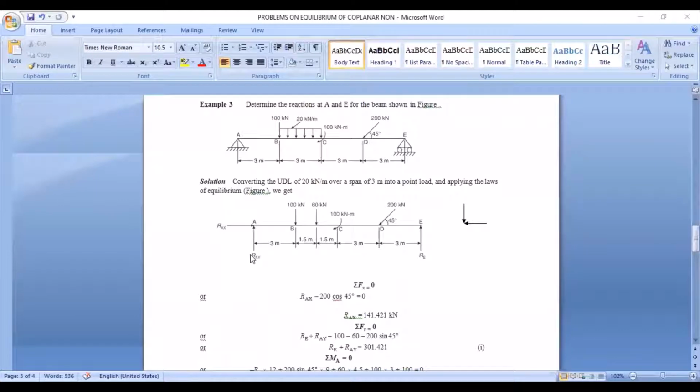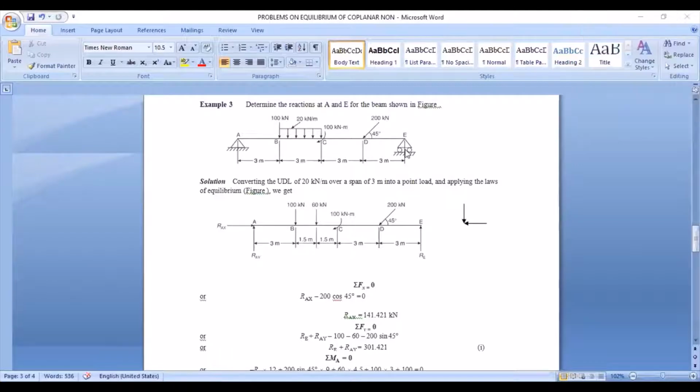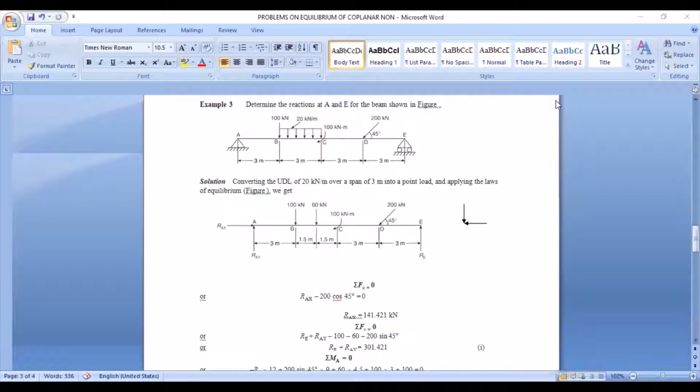RAY means reaction at A in the vertical direction, and similarly RAX means reaction at A in the horizontal direction, and that is why we name them RAX and RAY. Now at E we have a roller support, which has only one reaction, denoted by RE.